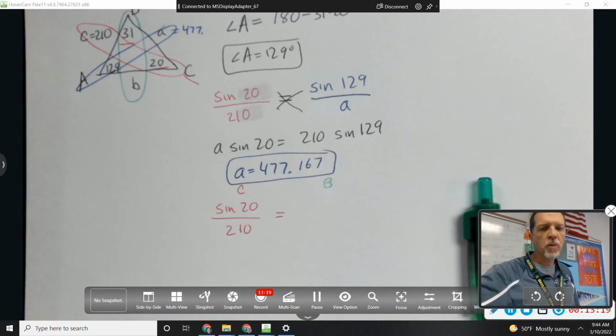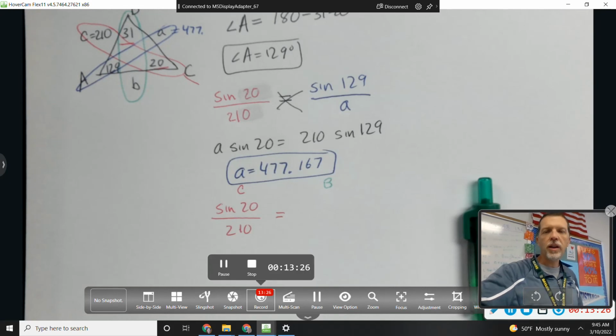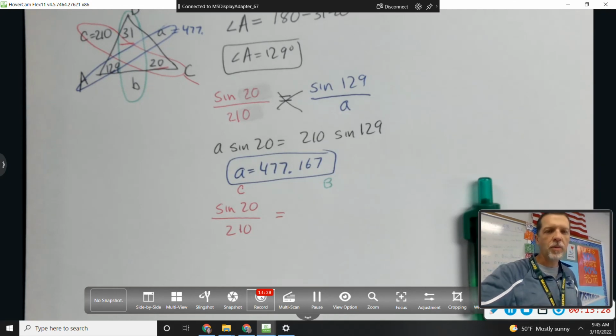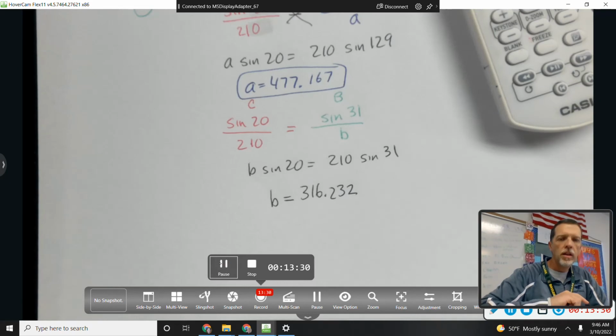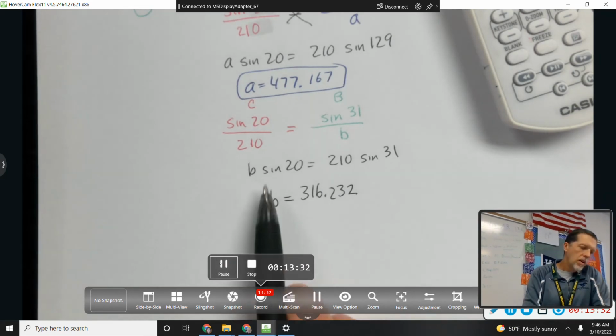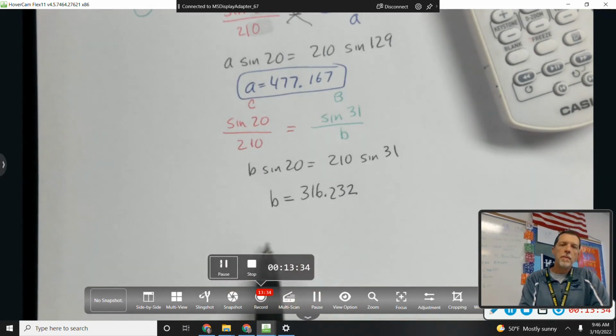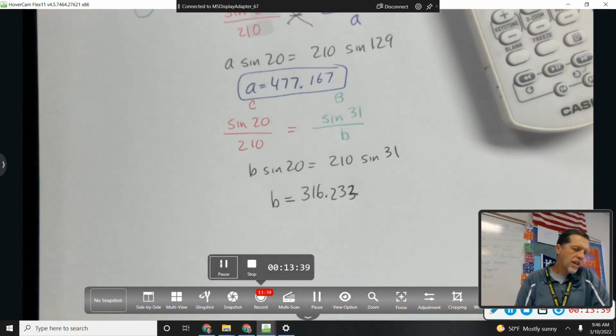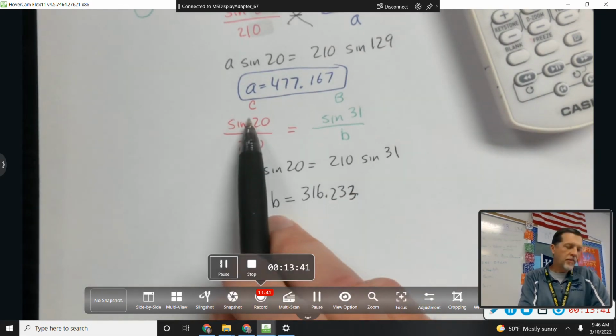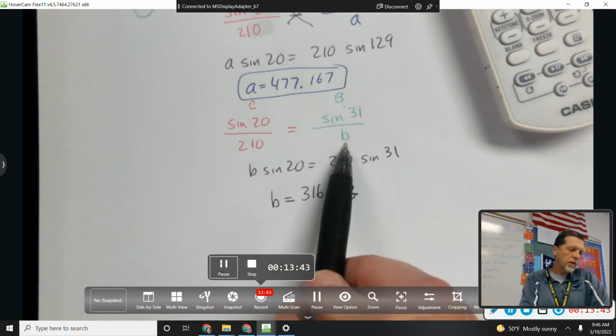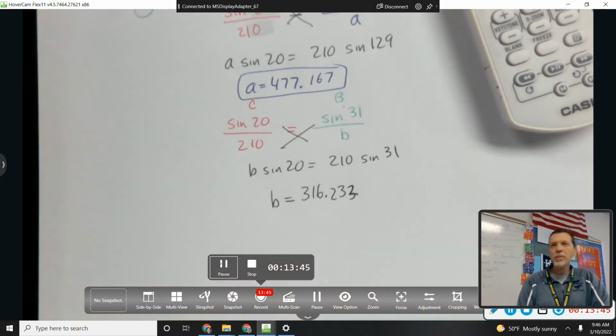I'm going to press pause and see if you can finish this out. Set up the equation, then cross multiply, use the calculator, and see if you can find the missing side. So sine of C over C equals sine of B over B. Cross multiply or butterfly or whatever your teacher called it when you first learned this.